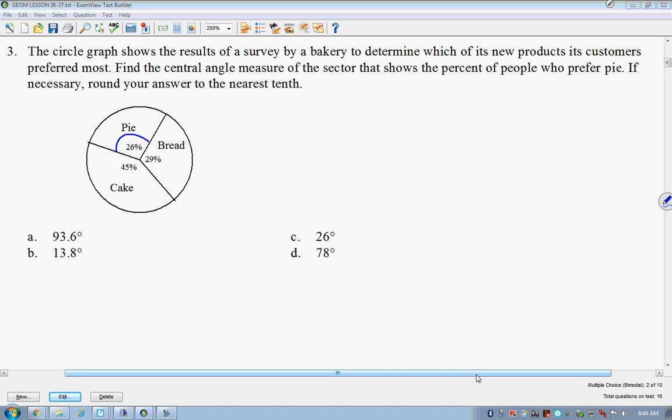Okay, so basically what we're looking for is 0.26 of what? 26% of what? It will have 360, because 360 is the whole, right? So what's 0.26 times 360?